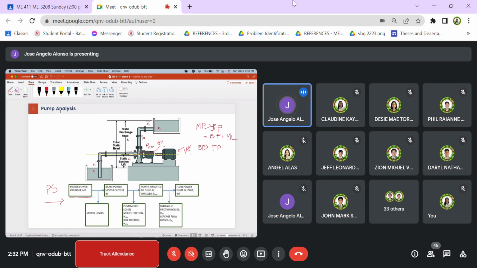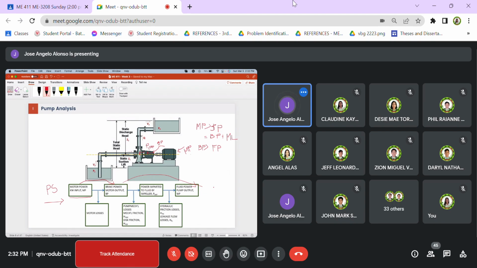So sometimes, magiging approach natin dito when solving a problem is that we are given the power input, then we need to find the fluid power. So yung approach natin is from the motor power input going to brake power and going to fluid power.